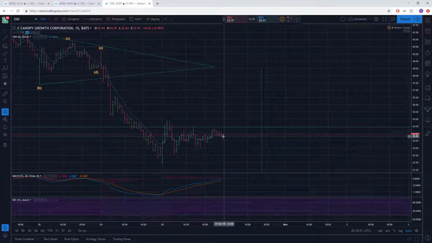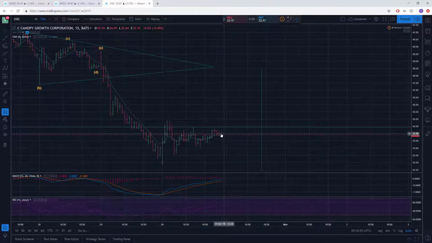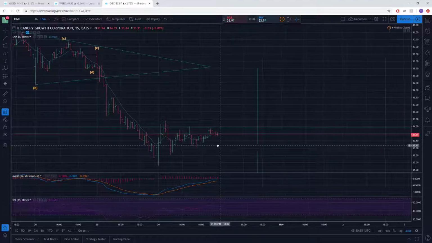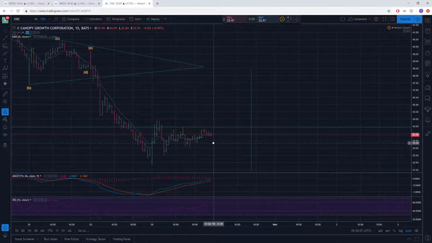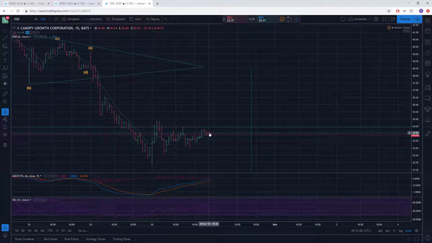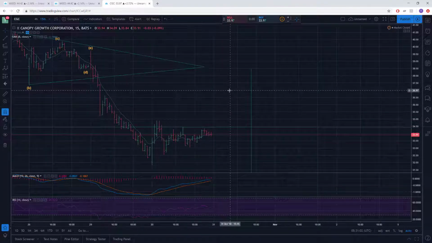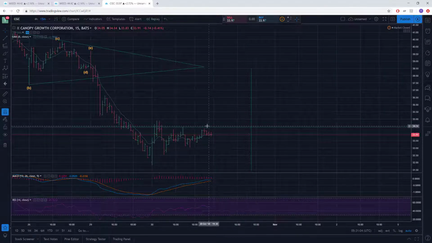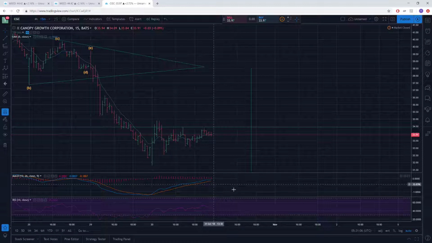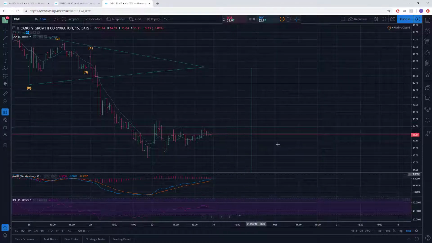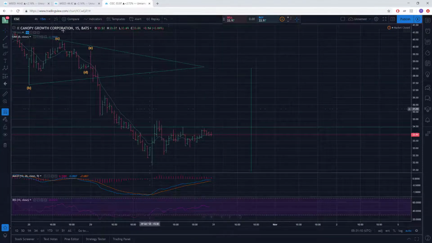It'll probably start making its move tomorrow, possibly right off the open, so we'll see. But yeah, same message on weed. Whether we go up first here and then come down and make a new low, or whether we go down right away and make a new low, that should be a pretty nice tradable low for a very large, at least corrective retracement of this overall decline.